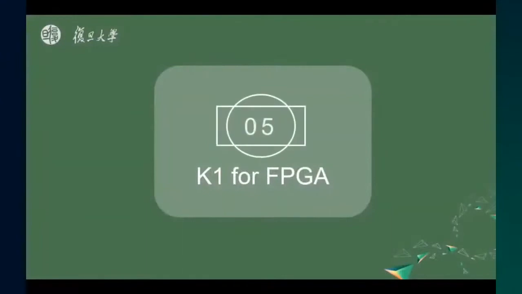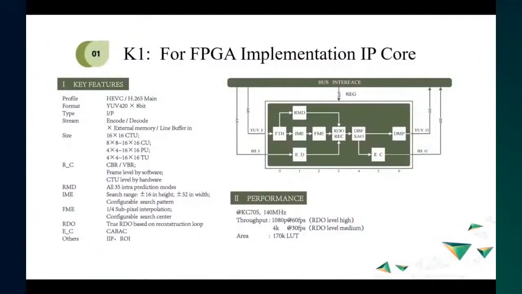And for the FPGA, we designed another IP core. We call it K1. For K1, the key features are similar to the X1, but the main difference is we use a very small CTU. We just use a 16 by 16 CTU because for most FPGAs the hardware resource is very limited.